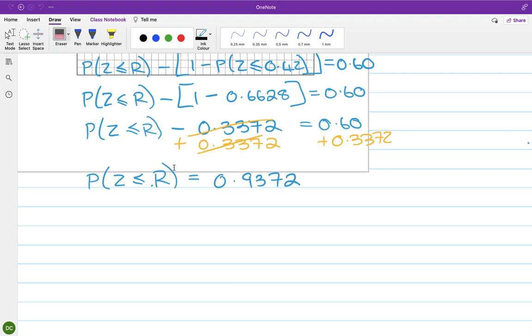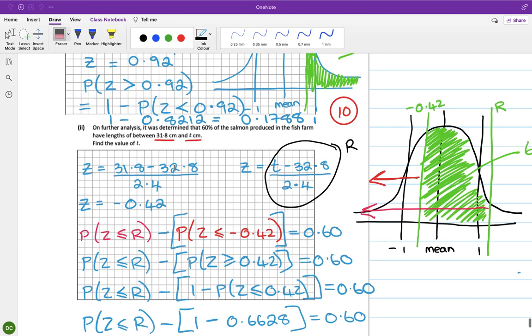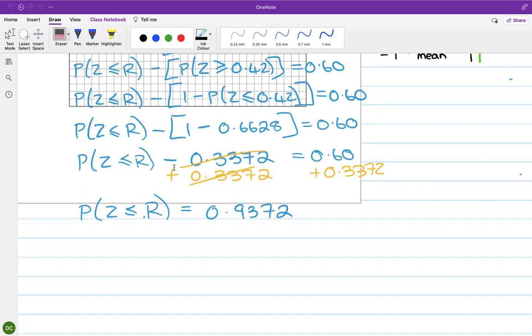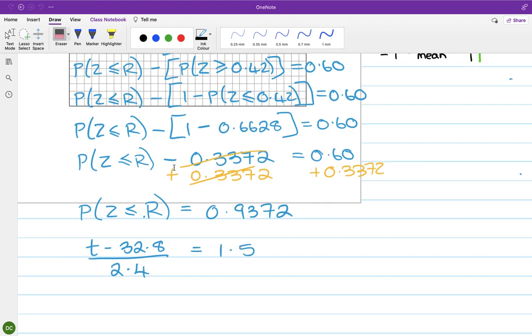Okay, sorry, my iPad keeps going back to the beginning. So what was I doing? Oh, 1.53, okay. So t minus 32.8 over 2.4 is equal to 1.53. I should be able to get it from here.